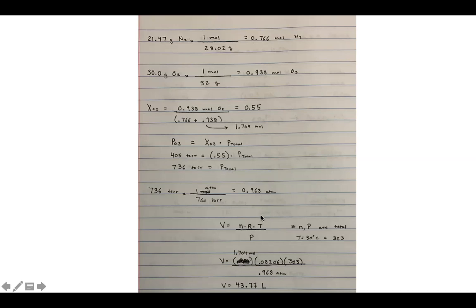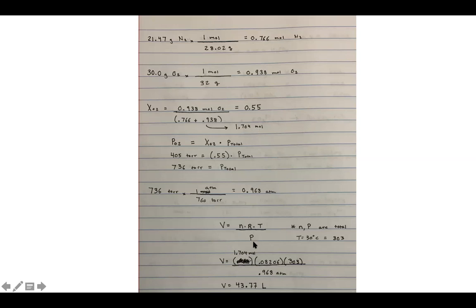Okay, so now that we have our total pressure in terms of atmospheres, 0.968 atm, we can plug in our known values to find our volume, okay? So our number of moles, we actually found above when working on our mole fraction. So the total moles is moles of N2, 0.766, plus moles of oxygen, 0.938, giving us a total of 1.704 moles.